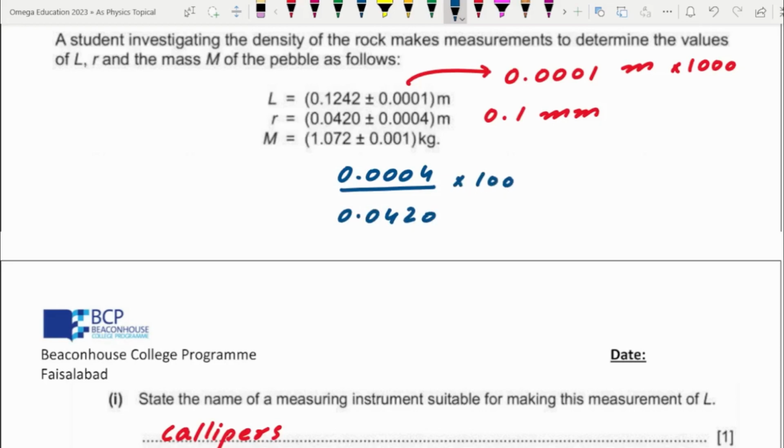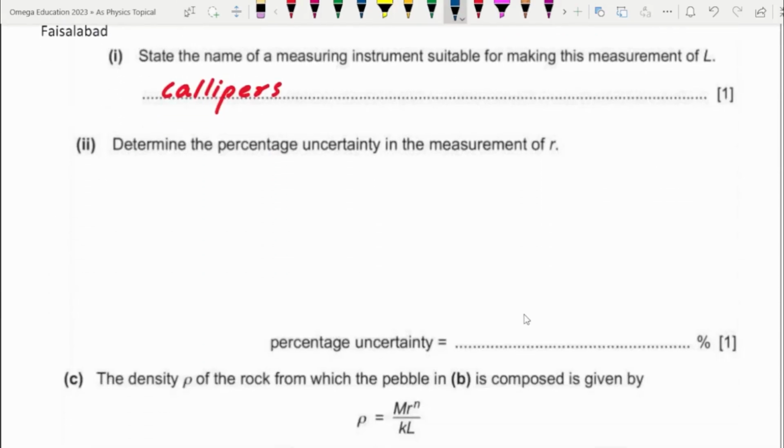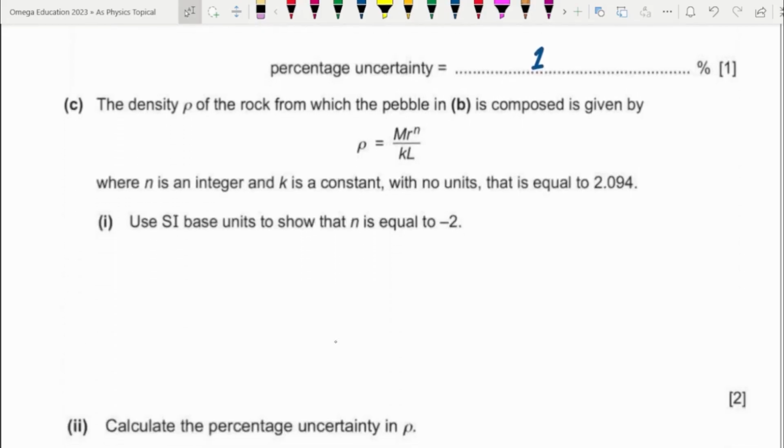We'll be getting the percentage uncertainty of R, and we'll write the answer to one significant figure, and it would be 1. If you have to write the percentage uncertainty and they have not imposed any limit on the number of significant figures or decimal places, you leave the answer to 1 SF.